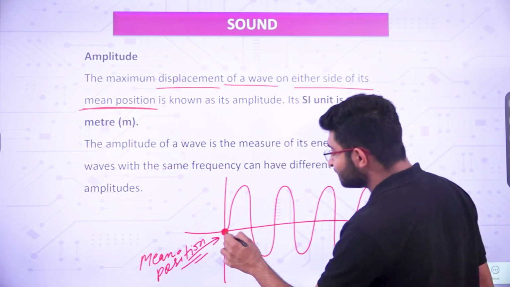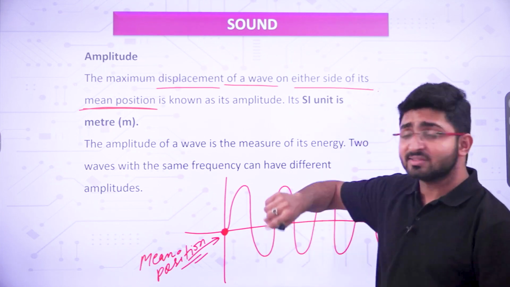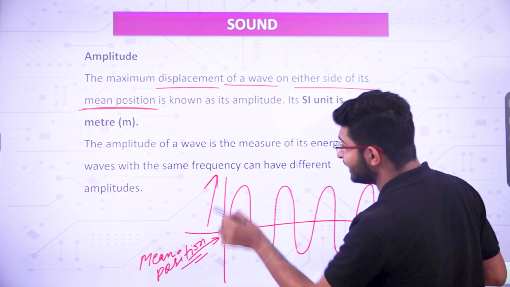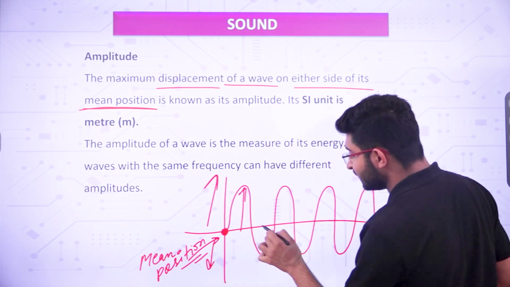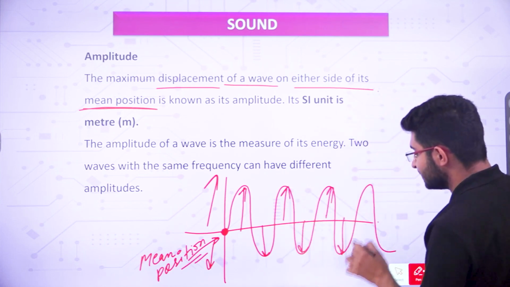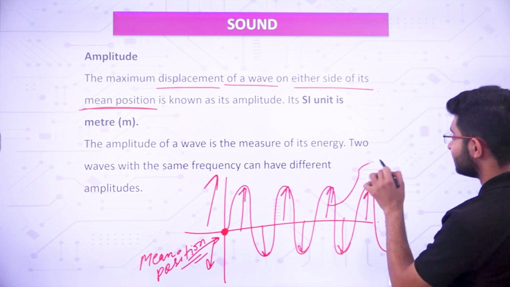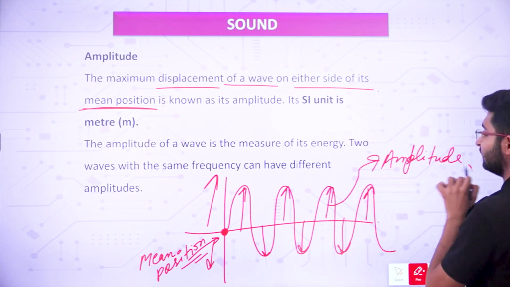From this mean position, the maximum distance that the wave covers on either side, this will be one side and this will be the other side. So it is covering this distance, then again this distance, this and this. All of these will be the amplitude of this particular wave.